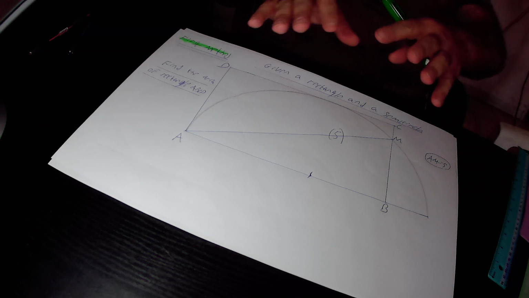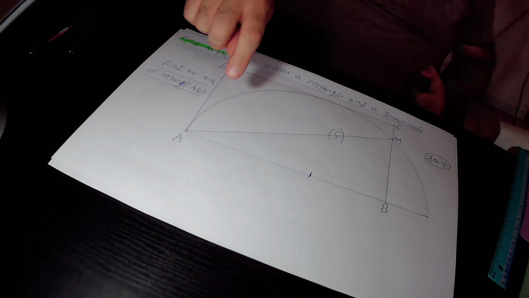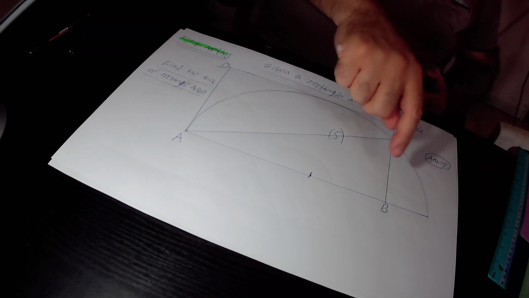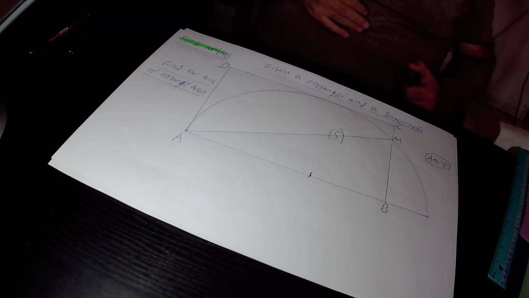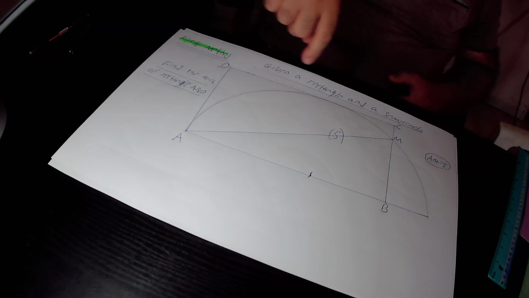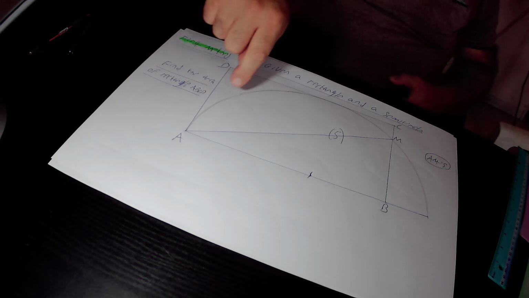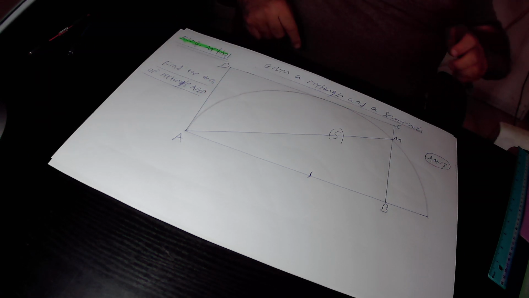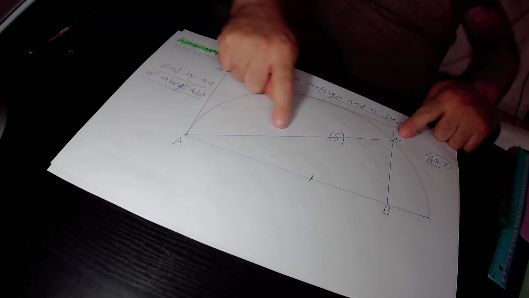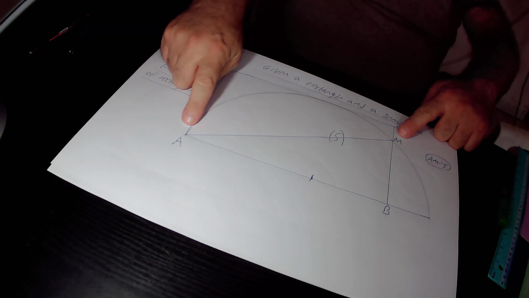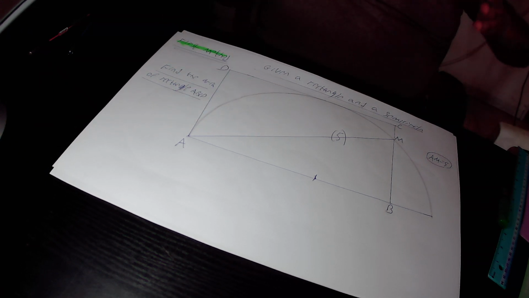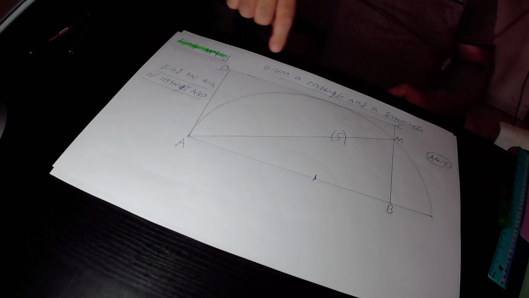Our mission in this second question is to find out the area of this rectangle ABCD. In the domain we have rectangle ABCD and also this semicircle. This line segment AM is equal to 5 units in its length.